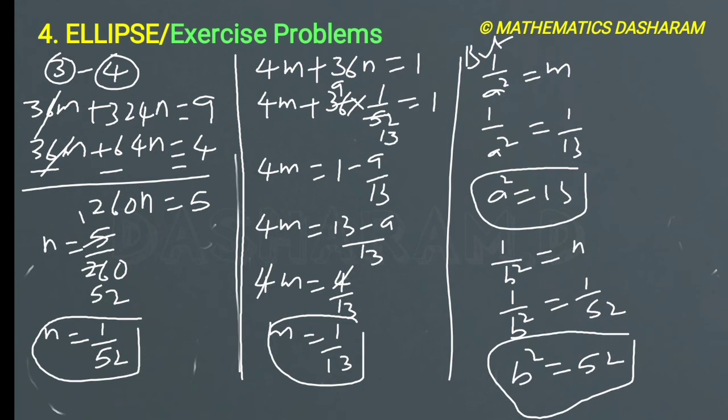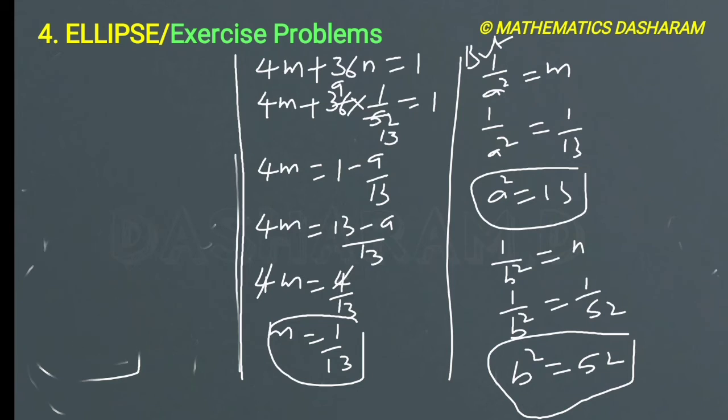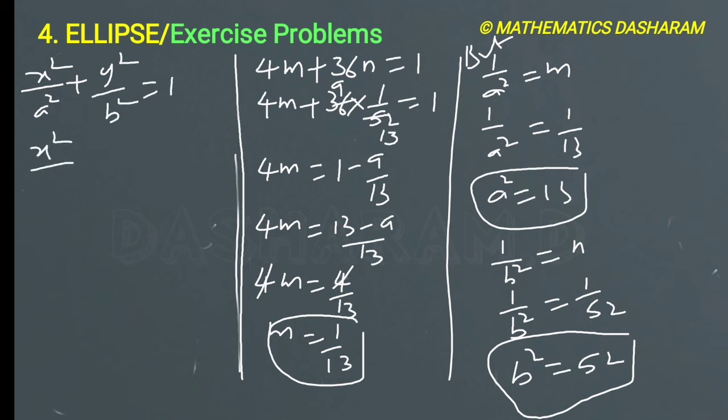Now let's select the standard form of an ellipse. That is x square divided by a square plus y square divided by b square equals 1. x square by a square value 13 plus y square by b square value 52 equals 1.